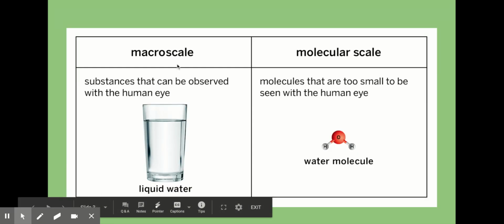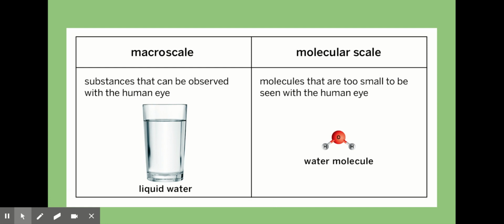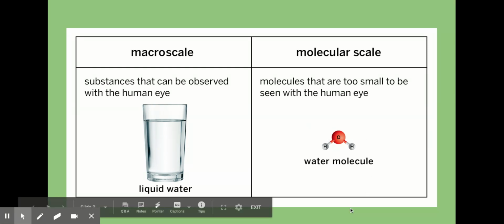If you remember from last week, we were looking at things on a macro scale and a molecular scale. Now we're going to be looking more on a molecular scale, which is a scale that we can't necessarily see with the human eye, but it is happening all around us. We're going to be using some simulations and models to help us see what's going on at the molecular scale.